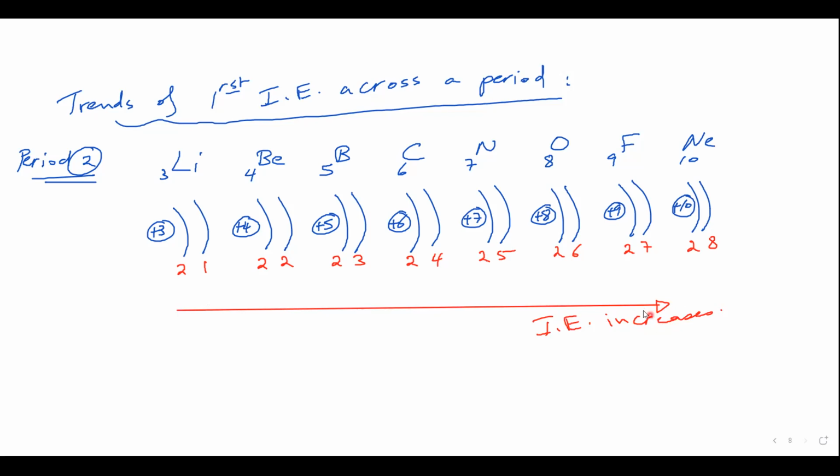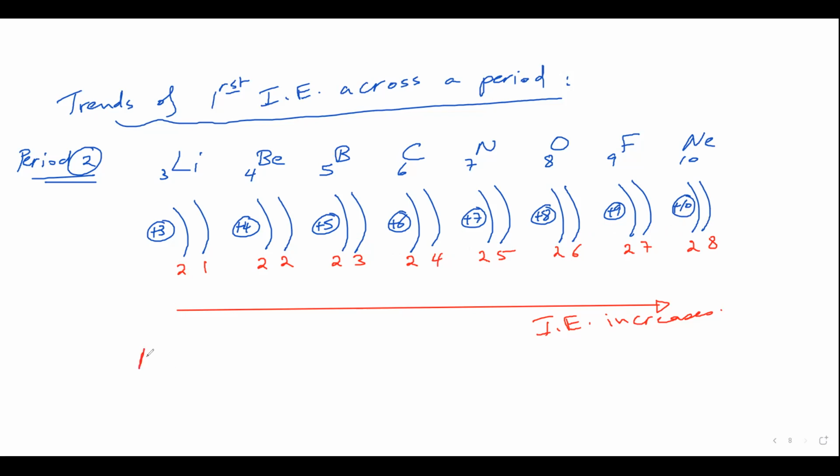And she explained, because here in AS, they are going to ask you to explain why. So as we go across a period, the ionization energy increases because the nuclear charge increases, the positive charge inside the nucleus increases, and we are filling the same shells. So it is the same shielding effect.